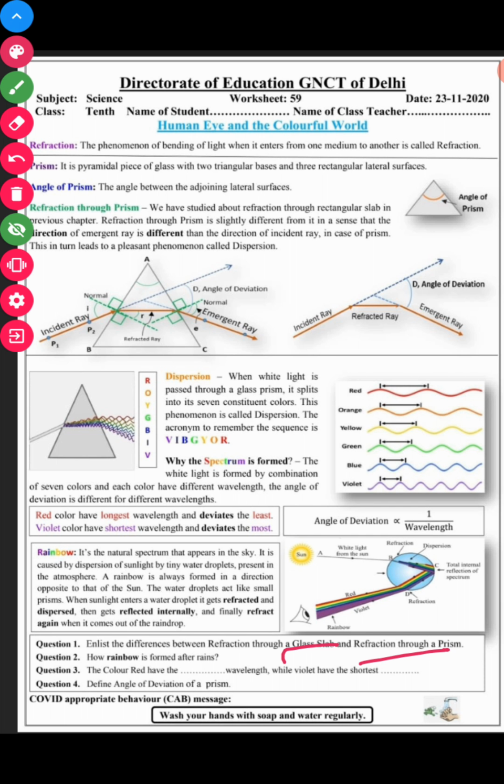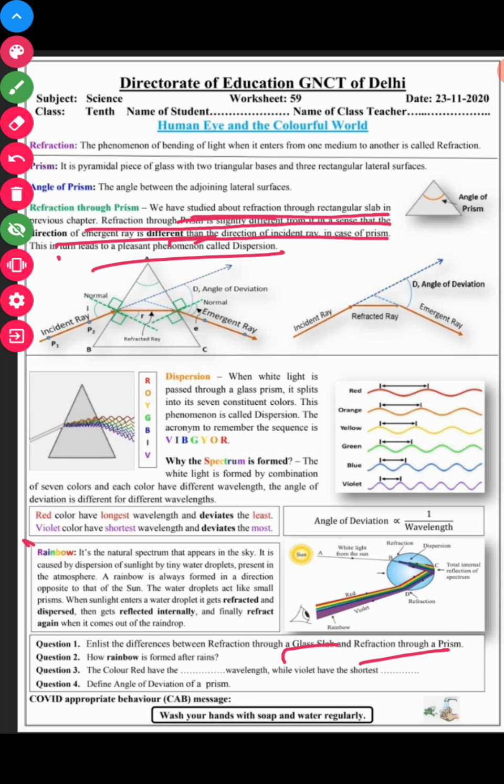If you want to write the answer to this question, you can write that after refraction through the two parallel faces of the glass slab, the ray of light emerges in a direction parallel to the incident ray, whereas in the prism the light suffers two refractions on passing through the prism and hence deviates through an angle from its original path. You can write all about this. Okay, this is the answer to your first question.